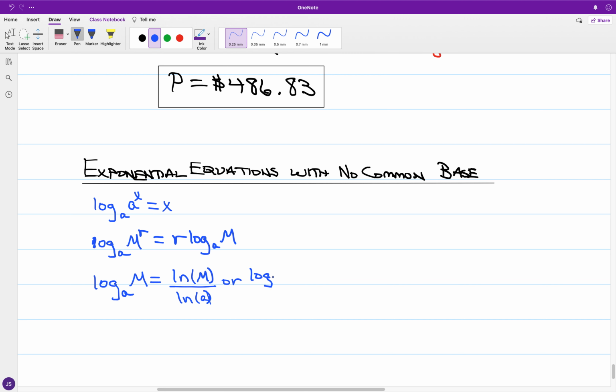And again, you can take the ratio in terms of base 10 logarithms, where you have the base 10 logarithm of m over the base 10 logarithm of a. You'll see these very likely in some way, shape, or form for this type of set of equations. So if we have, let's say, looking at solving for x.